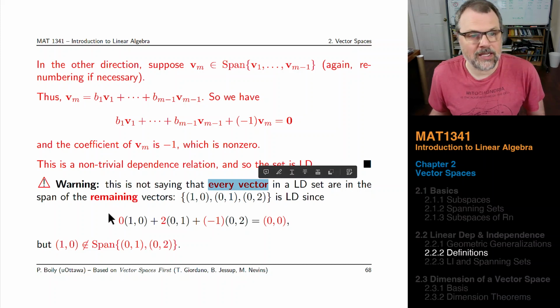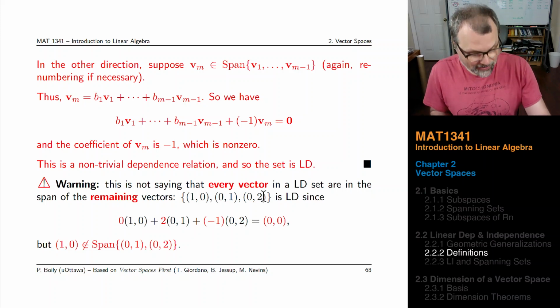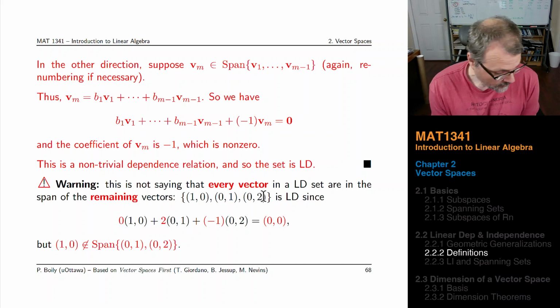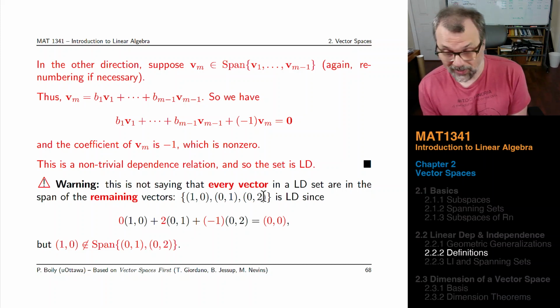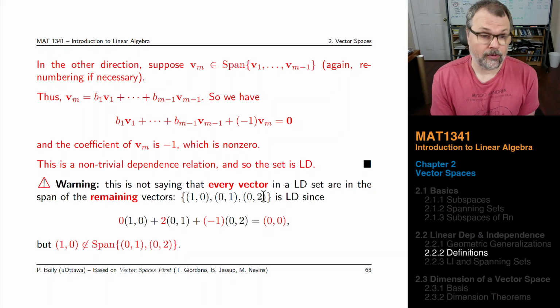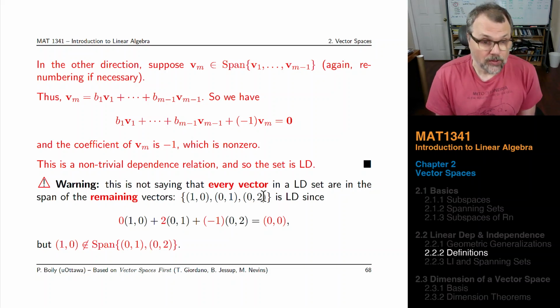I mean, if you look at the set (1, 0), (0, 1), and (0, 2), that's a linearly dependent set because you can write a non-trivial dependence relation. 0 times (1, 0) plus 2 times (0, 1) plus minus 1 times (0, 2) is exactly the 0 vector (0, 0). And some of these coefficients are not 0, like 2 and minus 1, they're not 0.